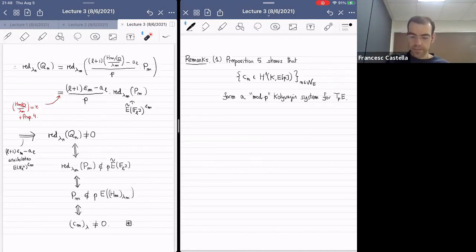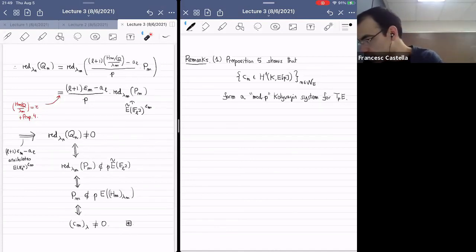Okay, so that's one thing. In general, this process that we have explained in this particular case can be applied more generally, and starting off with an analogous system, essentially the same derivative process would produce what is now called a Kolyvagin system.